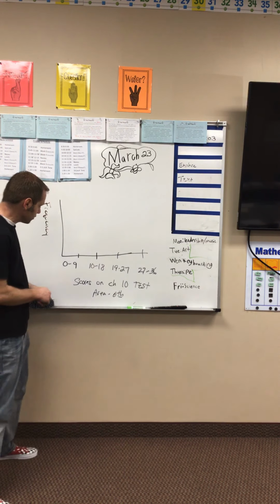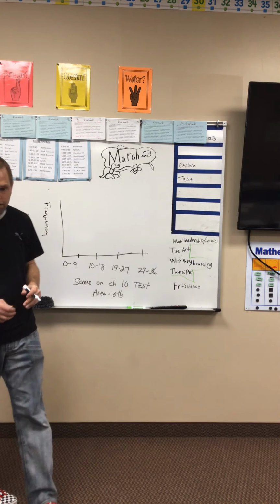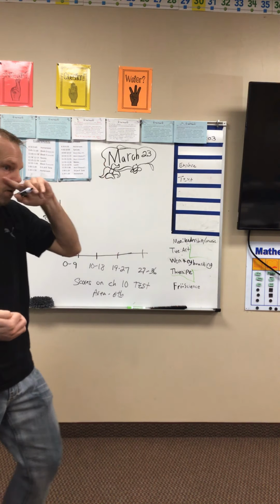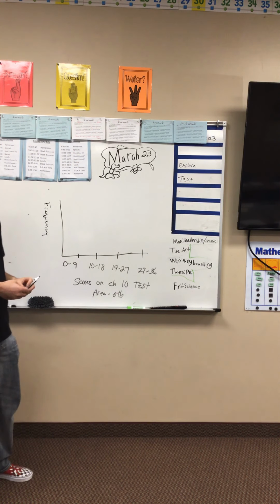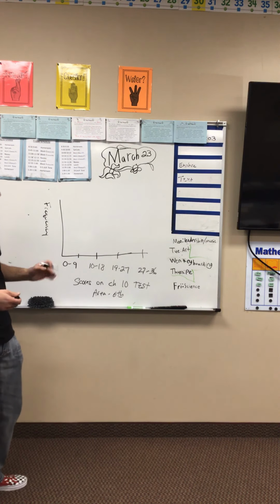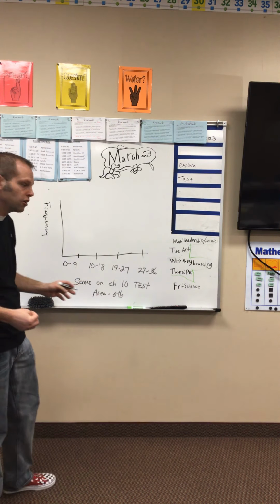Okay, so this is going to tell me how many students scored between 0 and 9. Now my frequency is that amount. When I looked at my data, I had 6 people score one of these. That's going to be the highest number that I'm going to go up to.